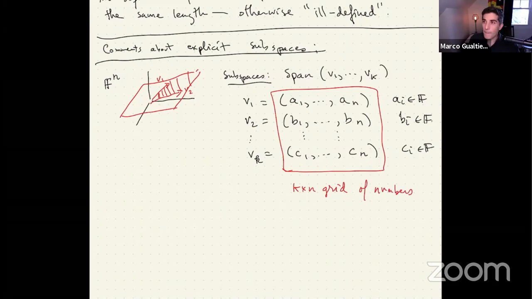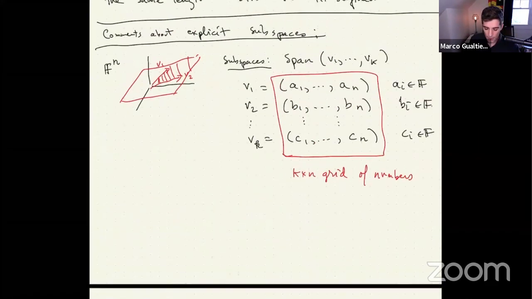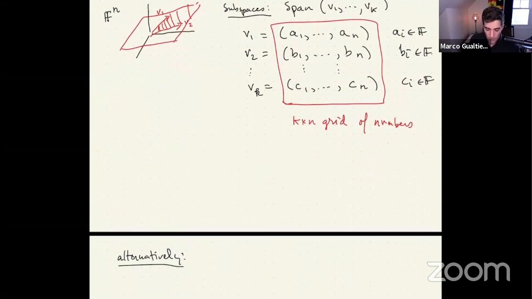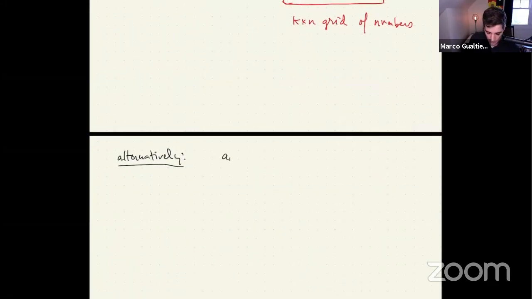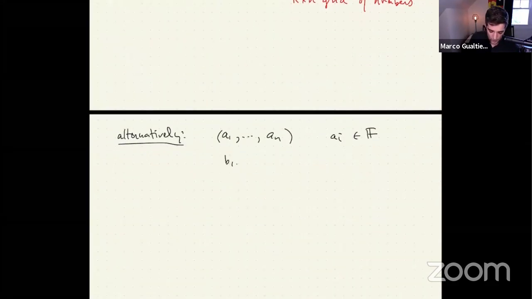Okay, but there is another pessimistic way of doing it, which is to say, alternatively, what I can do is I can give a1 up to an, where each ai is in F, b1, same information.